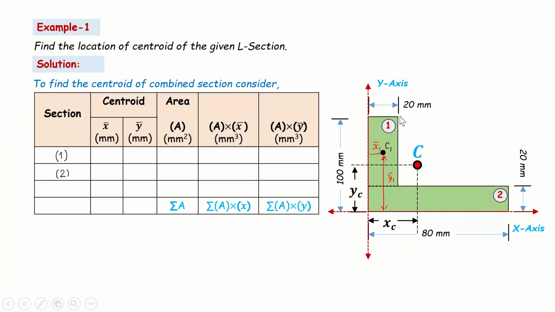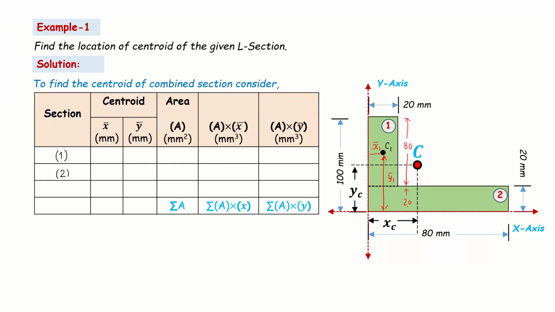Section 1, or area 1, is a rectangle, so x will be half of its width. Its width is 20 mm, so x1 is 20 by 2, that is 10 mm. For y, this distance from here to the x-axis: overall height is 100, so this height is 80 mm, this distance will be 40, and from here to here is 20.